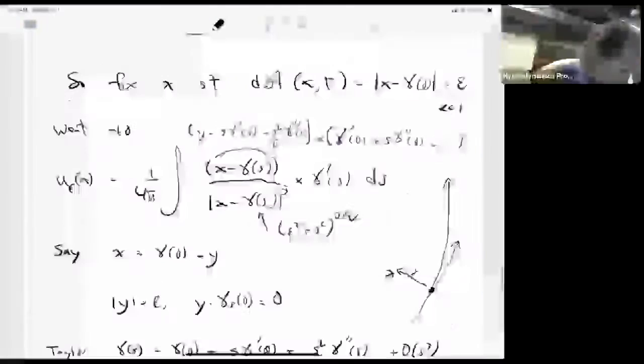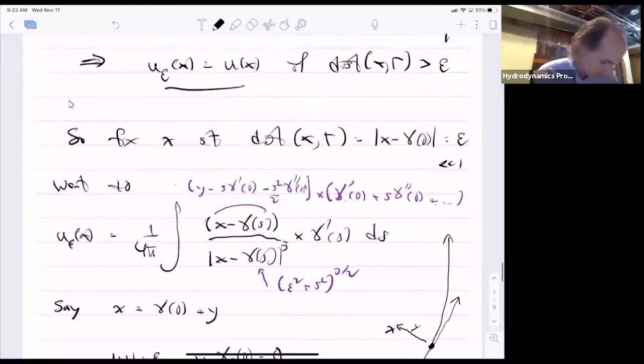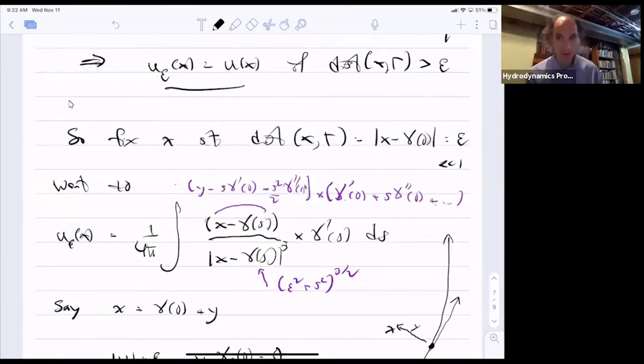And then I'll hope that everything else can be ignored. And why is that true? So if s is bigger than tau, then this x minus gamma of s should also be of order tau. And so this whole thing will be of order tau to the minus 2 if I'm a distance tau away from here.